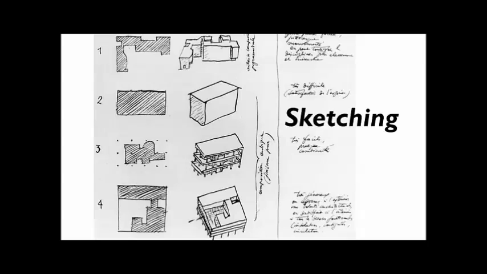So this diagram kind of shows both. There's like the overall kind of plan views on the left-hand side of these four different schemes, and then on the right it's the three-dimensional sketched version of those.